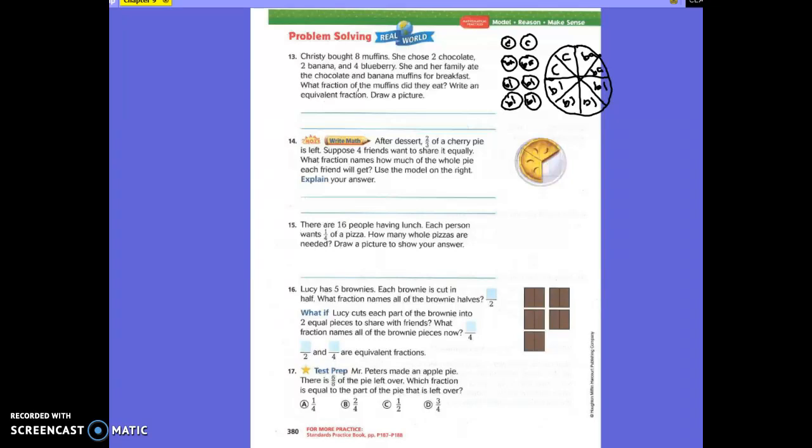Okay. Now they ate the chocolate and the bananas. So shade the chocolate and the bananas. Now I could also do that on my fraction circle. So I'm going to do that on my fraction circle too.